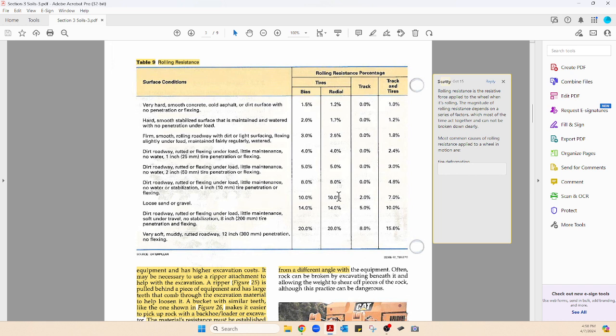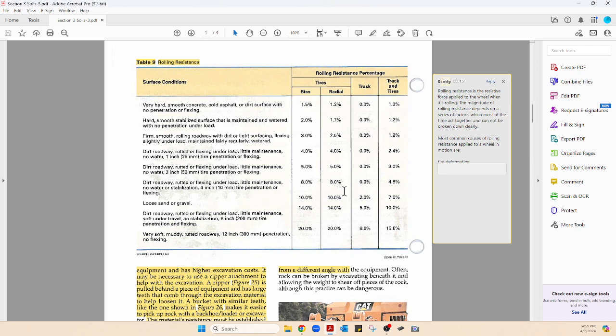So the rolling resistance factor is 10%. So you would take that 100,000 pounds, that's the total weight, and to add an additional 10%, multiply it by 1.1, and that would give you 110,000 pounds.